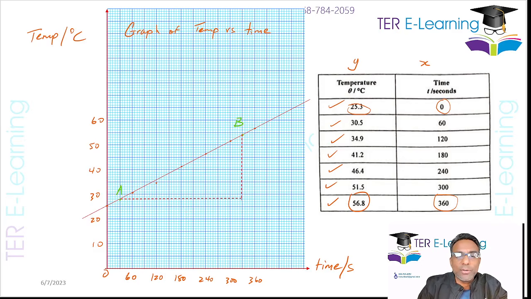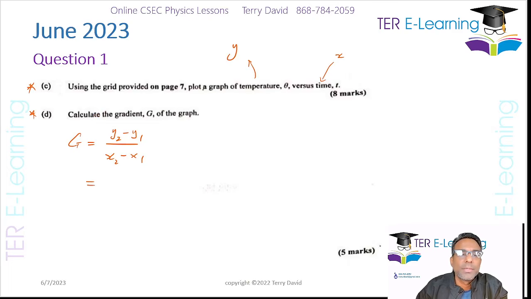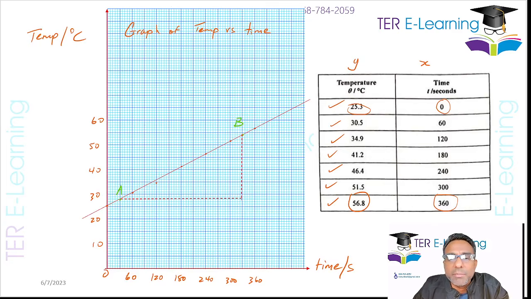So I'm just going to write down what A is. The coordinates of A will be 30, 28, and B is 330, 54.